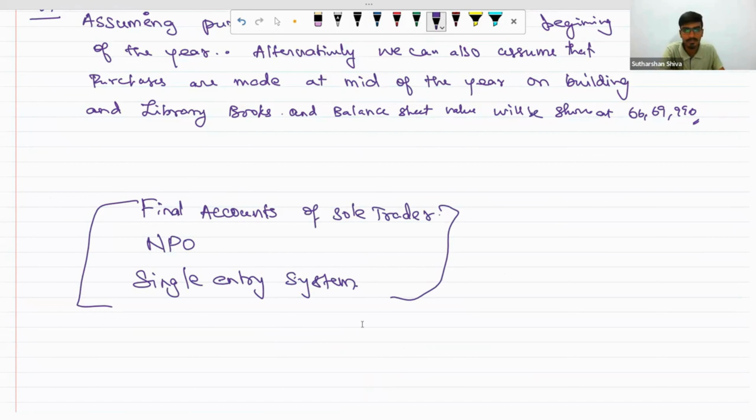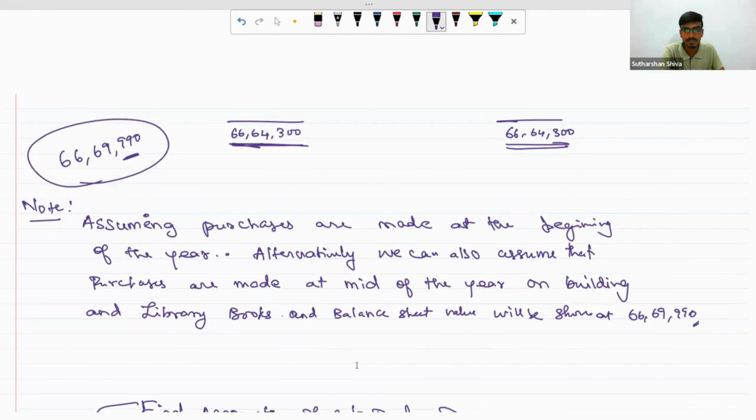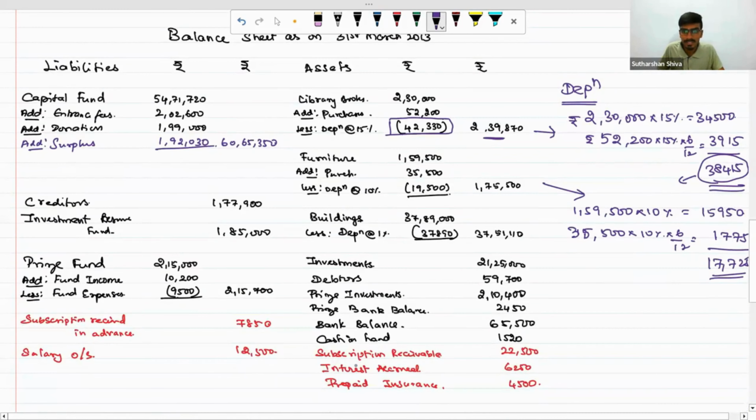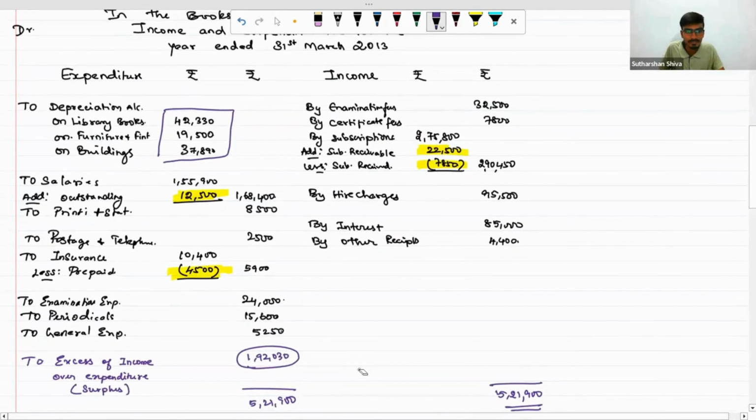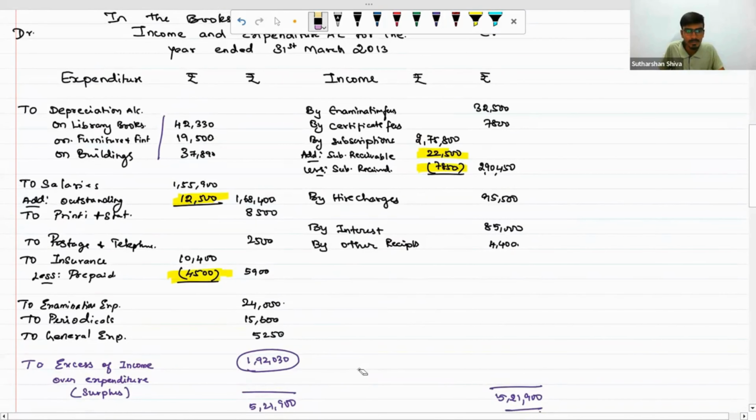You can take this assumption. Are you able to understand this? In such a way, you can slightly change the answer. Your final value, whatever value I get, will get changed. These two values will get changed.